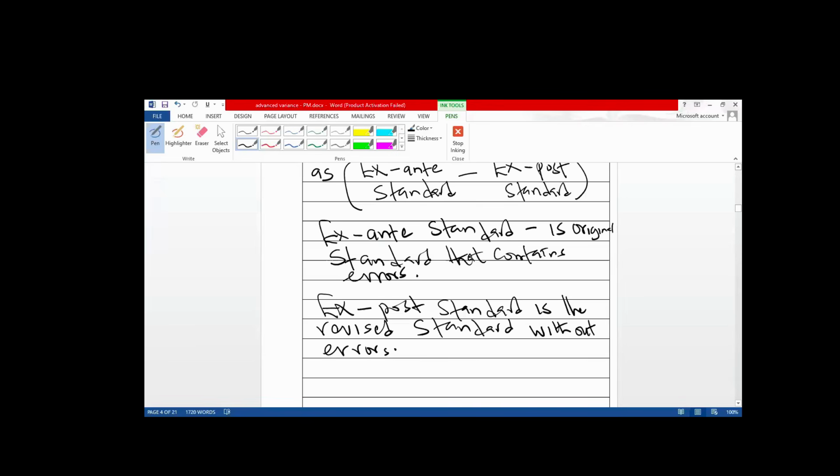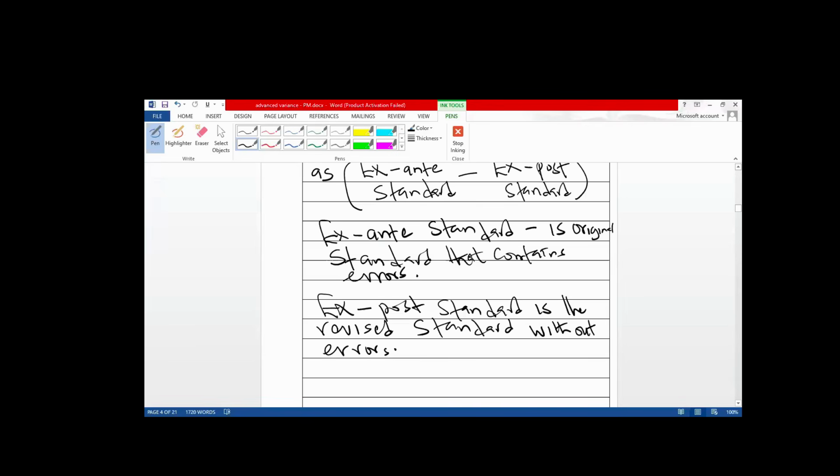For example, management said, produce this product in 1 hour, a standard hour. You now spend 1.5 hours, and management will assume that you are inefficient.